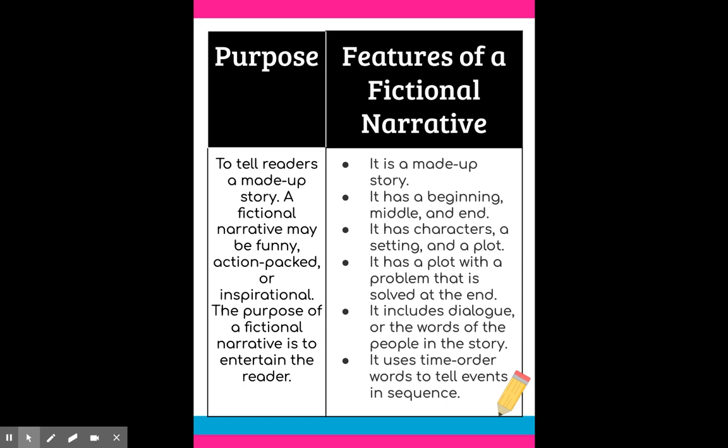We have to develop the characters, the setting, and the plot. And we have to make sure that the plot has a main problem that's going to be solved at the end of the story. And of course, every good narrative has some good time-ordered words that tell us when things happen in the story in sequence.